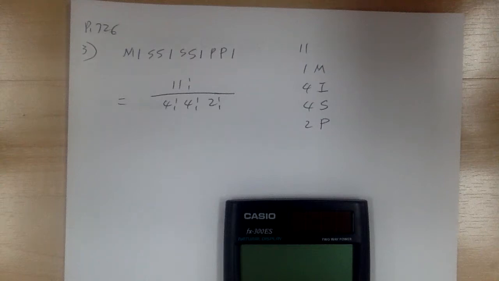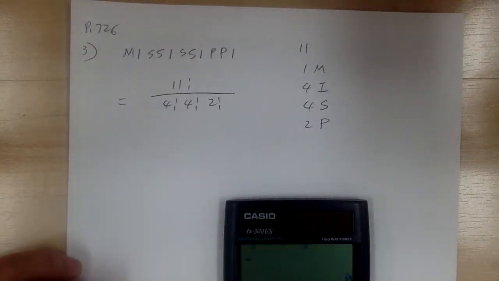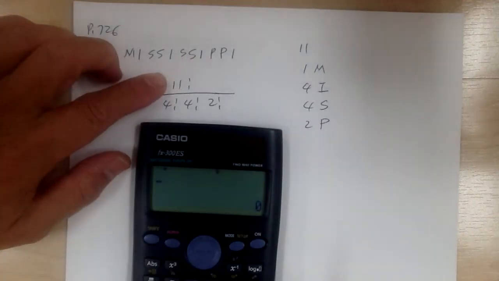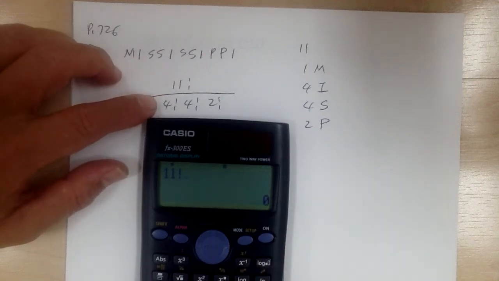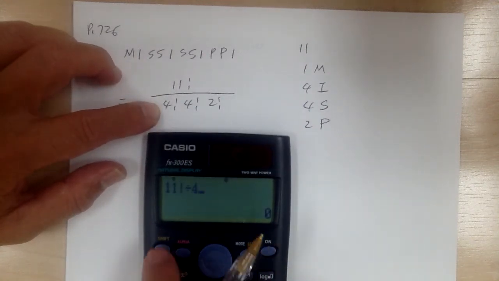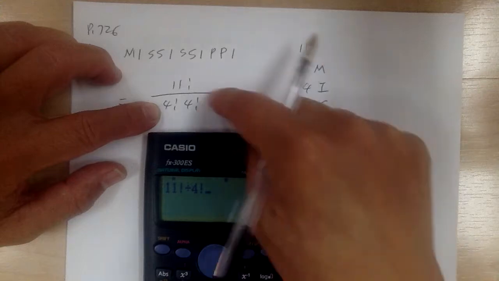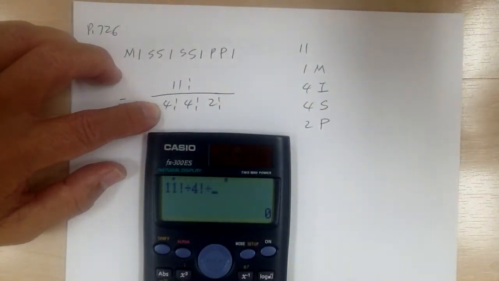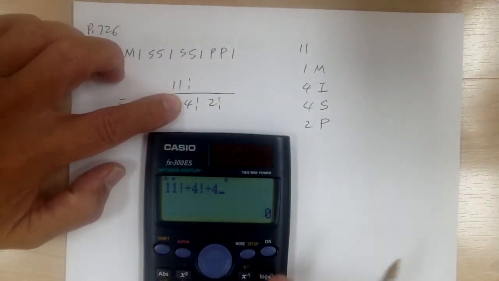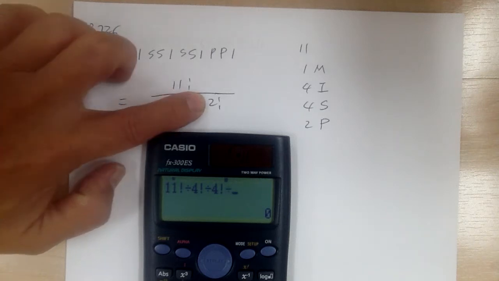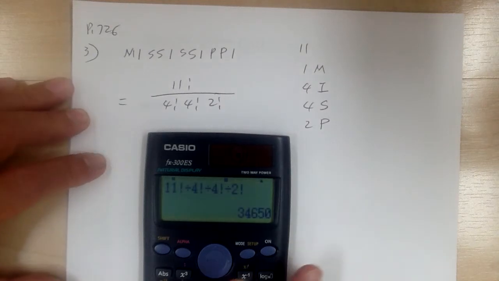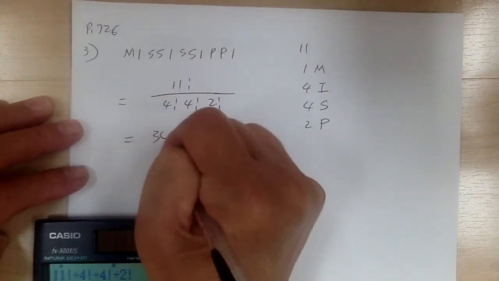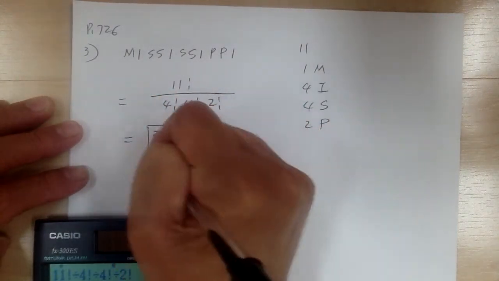They have factorials on it. Okay, so this would be 11 factorial, divided by 4 factorial. Again, everything on the bottom, you make sure you push divide. Okay, 4 factorial, divide 2 factorial, and push equal, and so you get 34650.